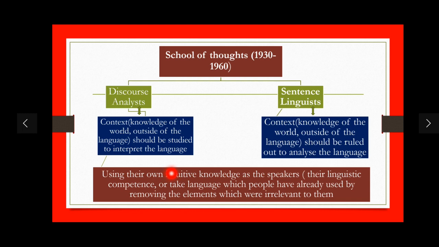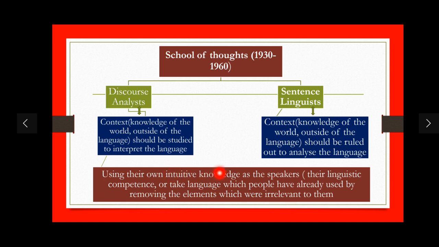Like for example, the context, right? Particularly the context and other materials which belong to the context, like paralinguistic features, like situation, like shared knowledge, like cultural and social relationship. So all these things were ruled out and then they analyze the language.